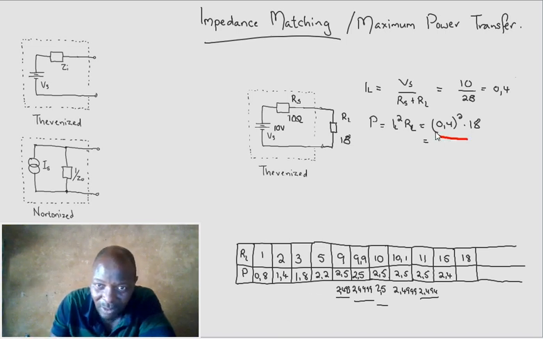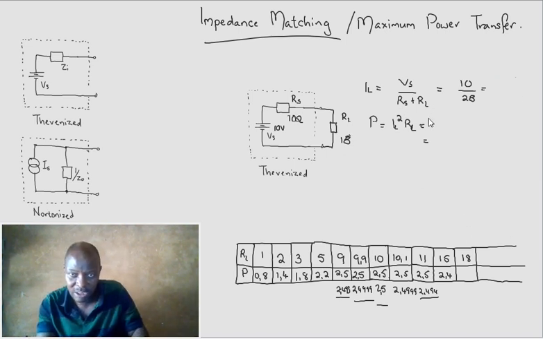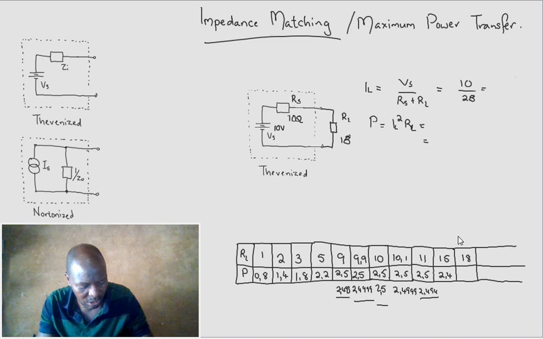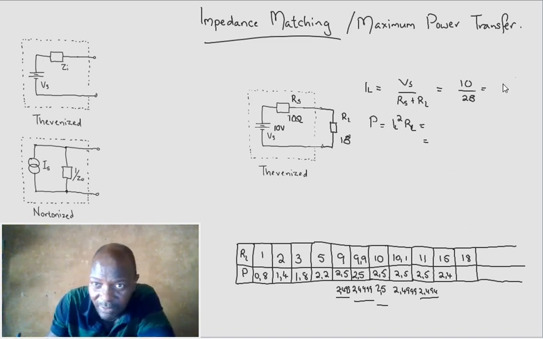This is now 10 and 18, which is 28. These values change. 10 divided by 28. Our current is 0.357, rounded off to three decimal places.